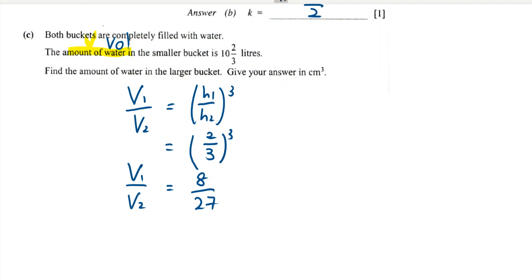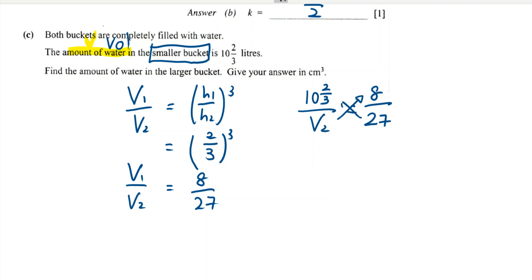Now the smaller bucket would mean that you have V1. So 10 2/3 over V2 is equal to 8 over 27. Now I cross multiply again. 8 V2 is equal to 288 and V2 is equal to 36 cm cubed.